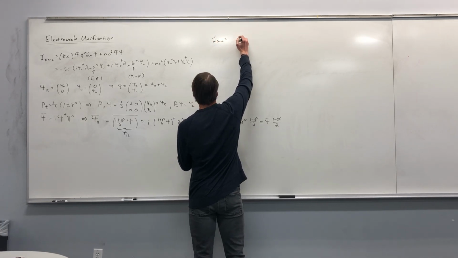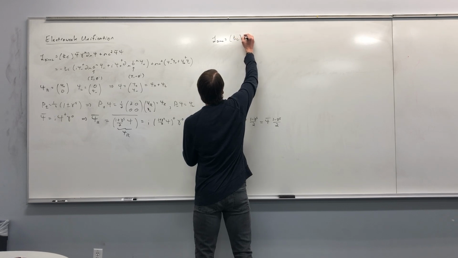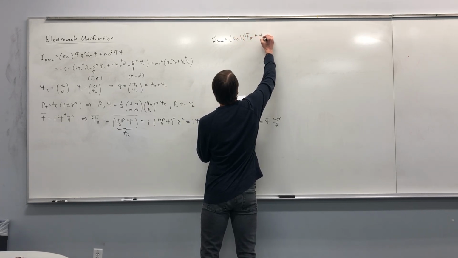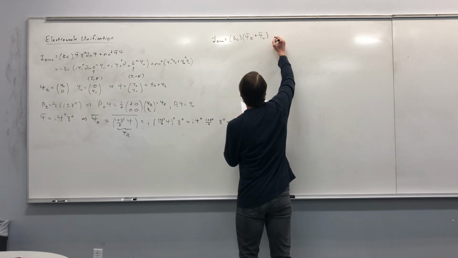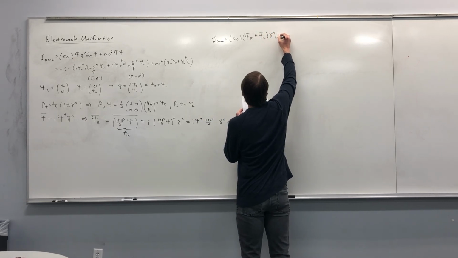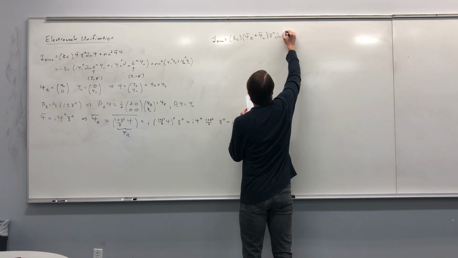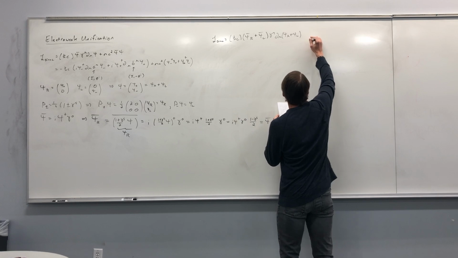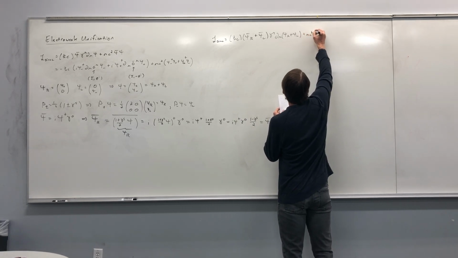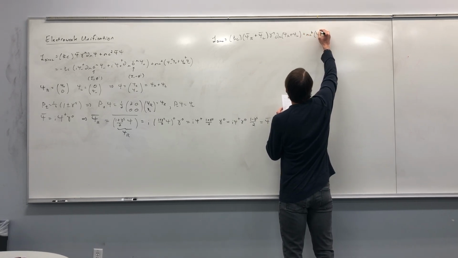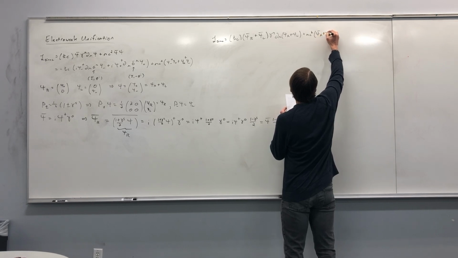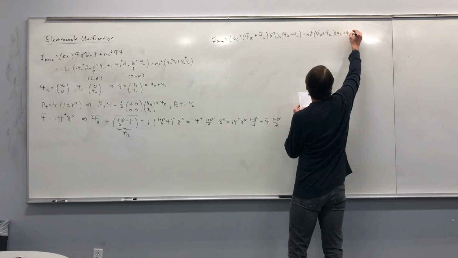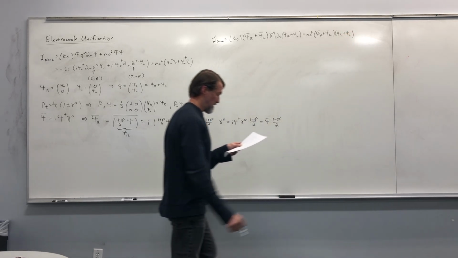H bar C, (psi bar right plus psi bar left) gamma mu d mu (psi right plus psi left), plus mc squared (psi bar right plus psi bar left)(psi right plus psi left). Okay?